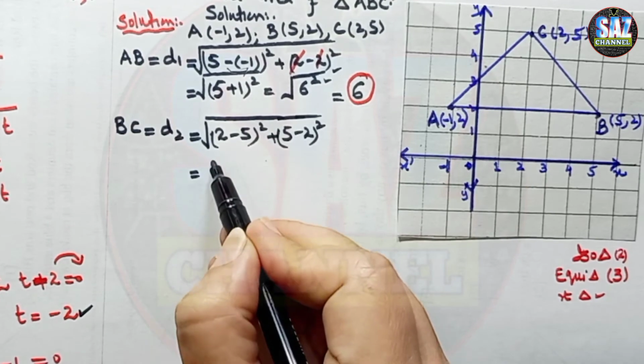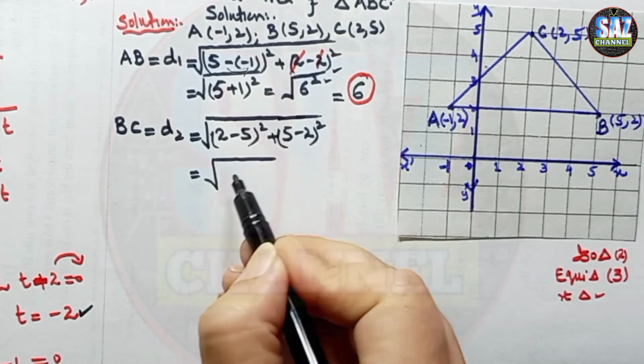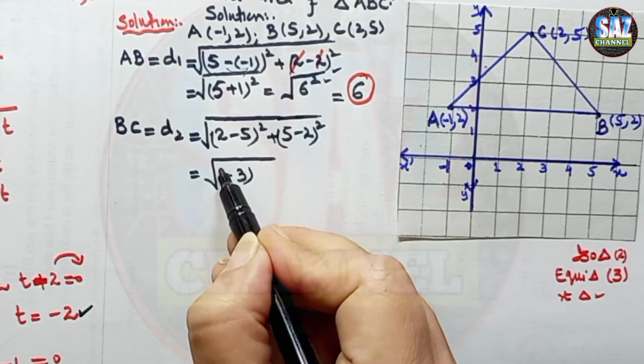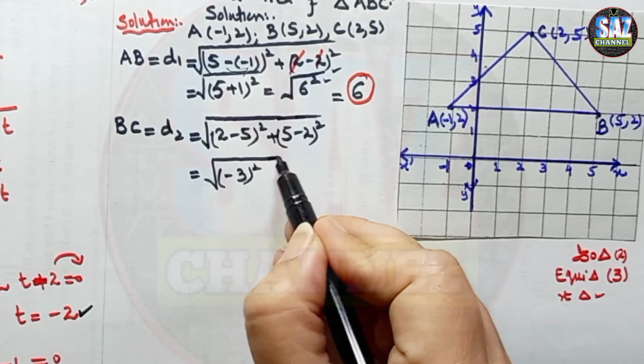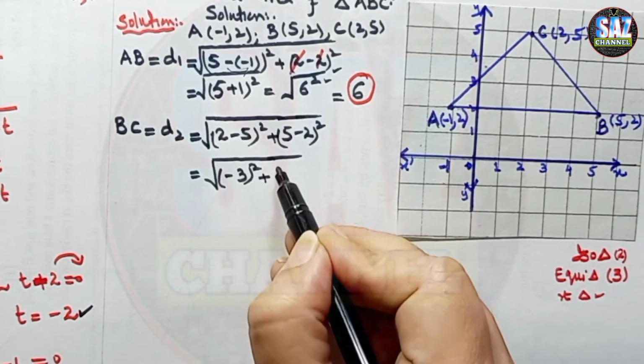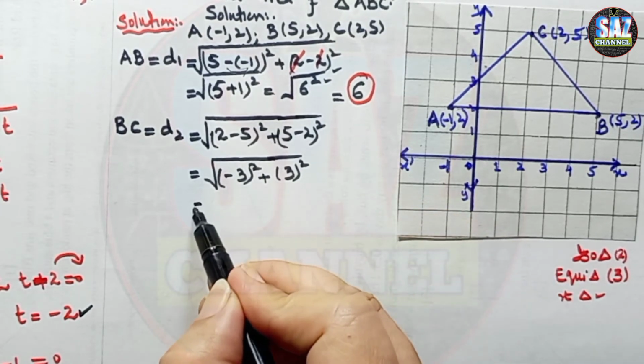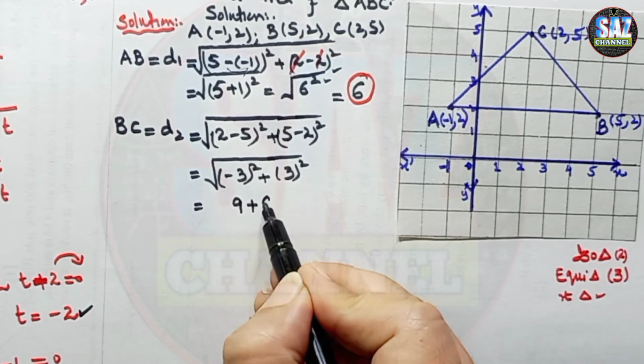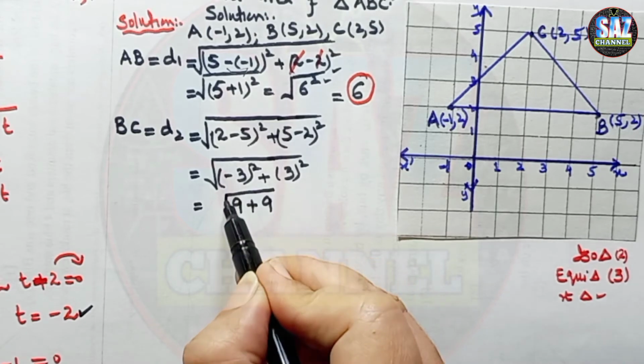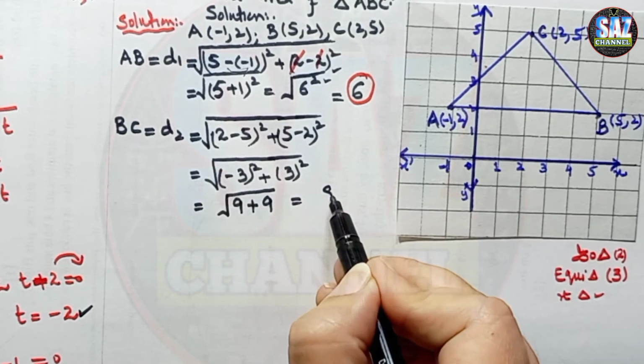Now 2 minus 5 will give me minus 3 square plus 3 square, and this gives me 9 plus 9. This is square root 18.